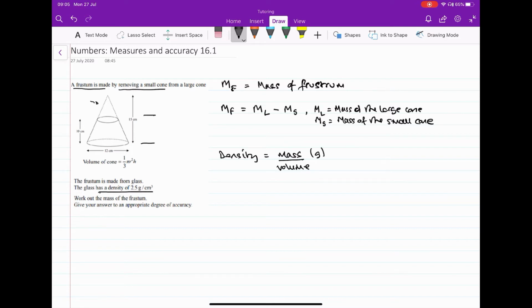In this case, it's grams per centimetre cubed. And we can rearrange this formula to get a formula for mass. And so therefore, we can say that mass equals density times volume.